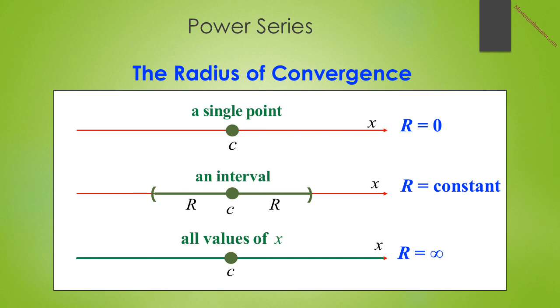In that case, we will say that r is a constant, and that is why we call it the radius of convergence. It's sort of like the radius of a circle. Any values r units to the left of c and r units to the right of c will cause convergence. Finally, if our series converges at c and all values of x, then we will say that the radius of convergence r is infinite.